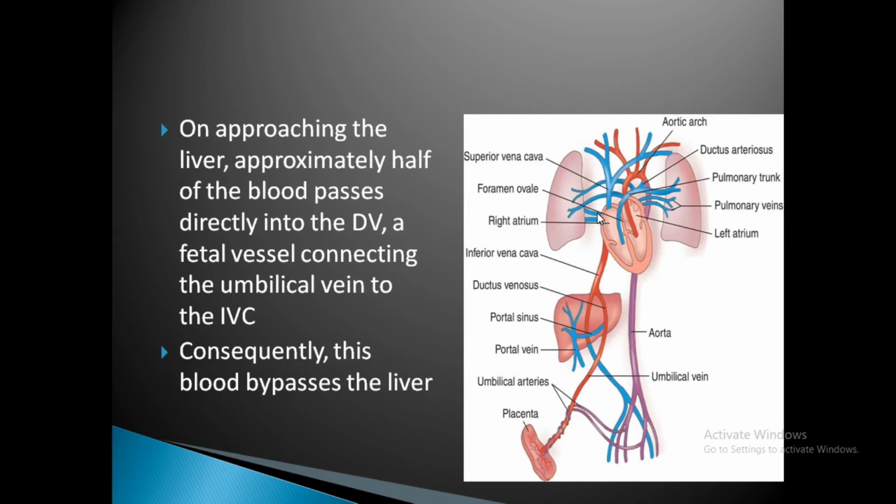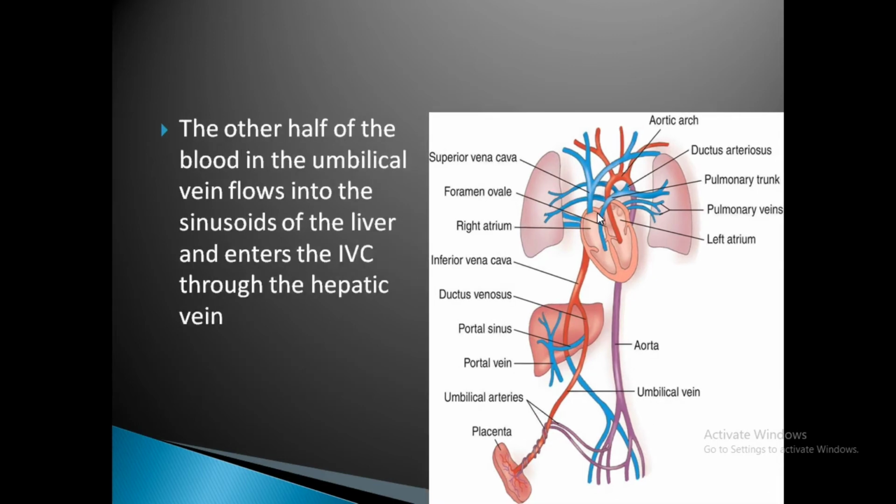Now, we have discussed that from the umbilical vein, the blood will split into two halves. Half of the blood enters the ductus venosus. And what is the ductus venosus? It is basically a vessel which connects the inferior vena cava with the umbilical vein. Thus, the blood bypasses the liver. Whereas the other half of the blood in the umbilical vein flows into the sinusoids of the liver and enters the inferior vena cava through the hepatic vein.